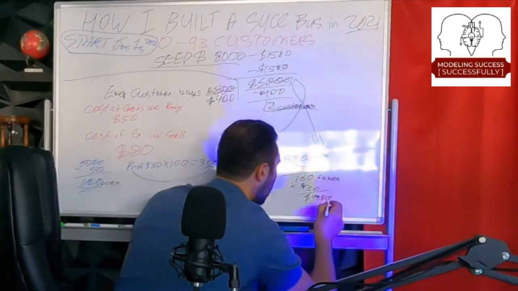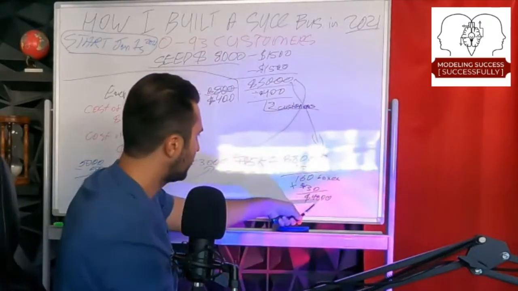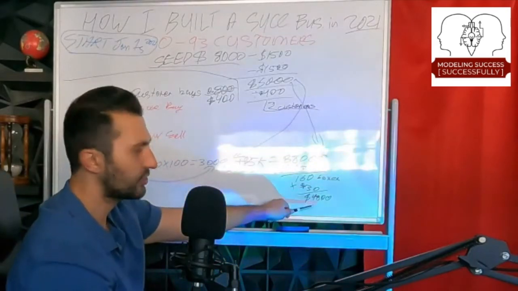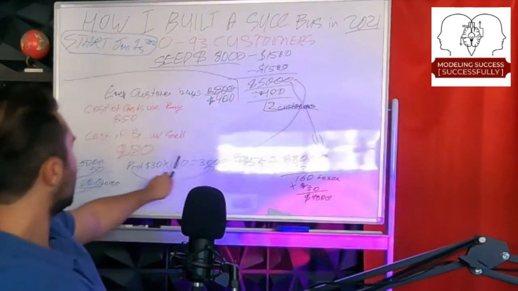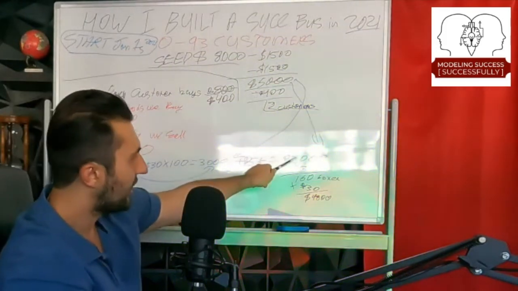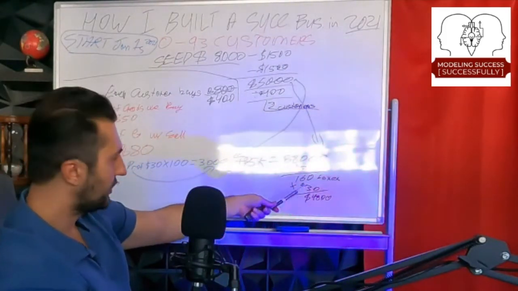Now you made $4,800. Last time you made $3,000. Now you made $4,800. Why did that happen? Because last time you invested 5,000. This time you invested 8,000. So what you want to do is rinse and repeat.